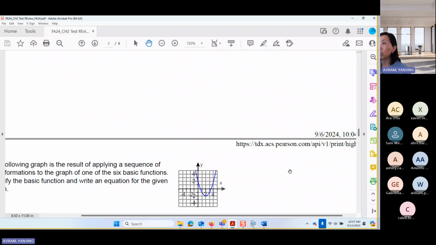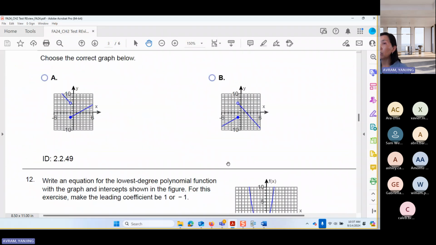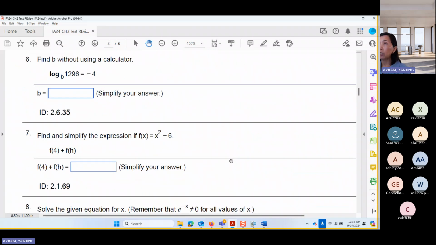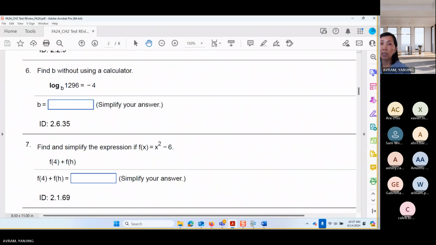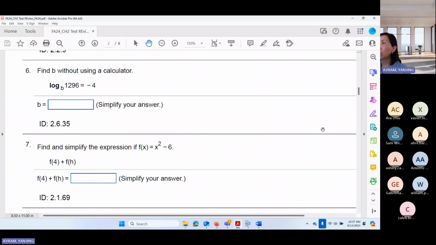Of course, in math you always change the numbers, but the question types pretty much we cover in this review. Okay, any questions? Does anyone have any questions?